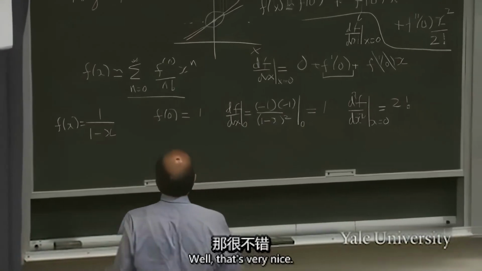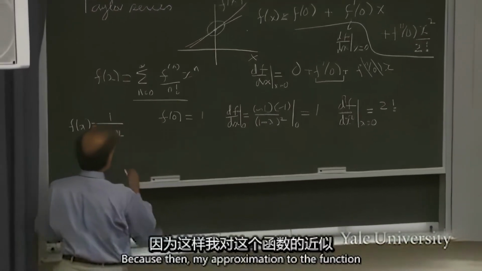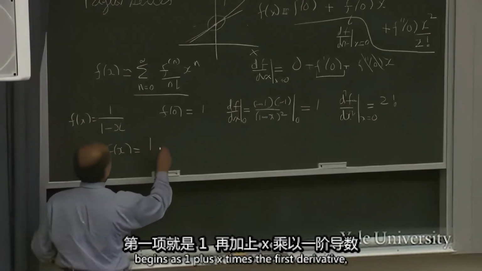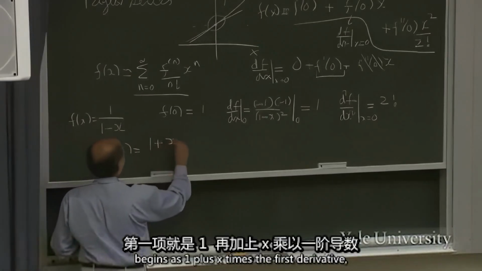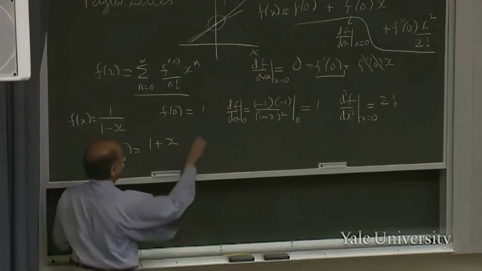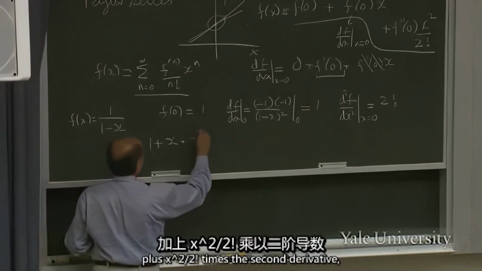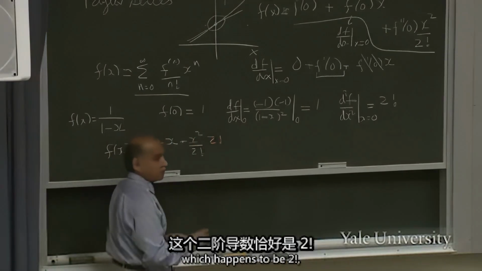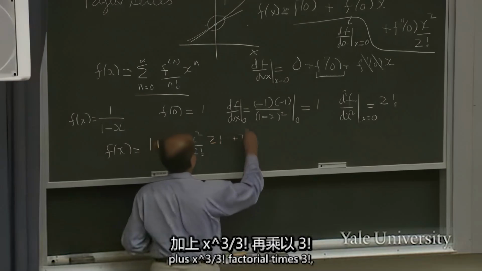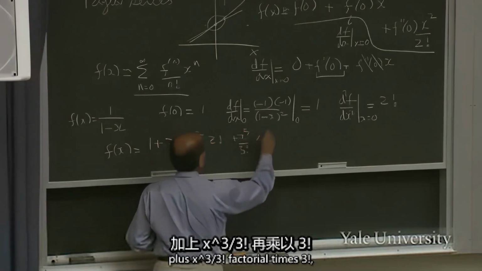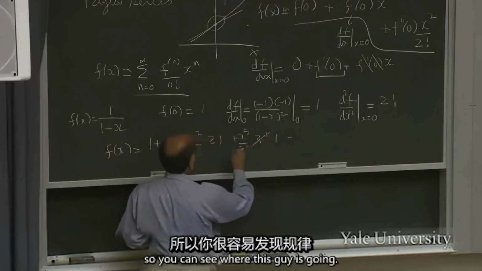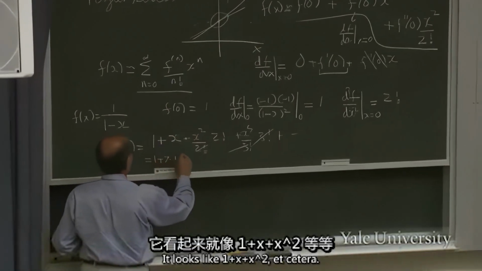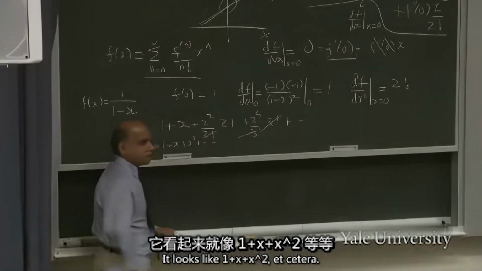That's very nice, because then my approximation to the function begins as 1 plus x times the first derivative, which happens to be 1, plus x squared over 2 factorial times the second derivative, which happens to be 2 factorial, plus x cubed over 3 factorial times 3 factorial. So you can see where this guy is going. It looks like 1 plus x plus x squared, etc.